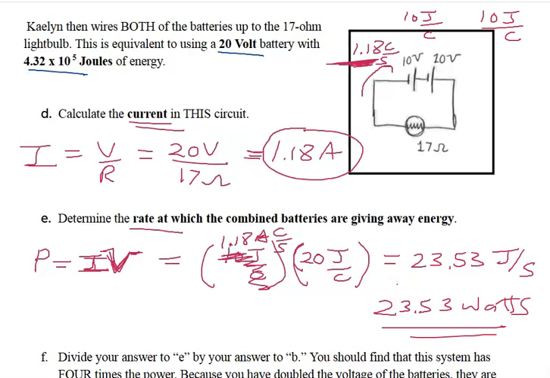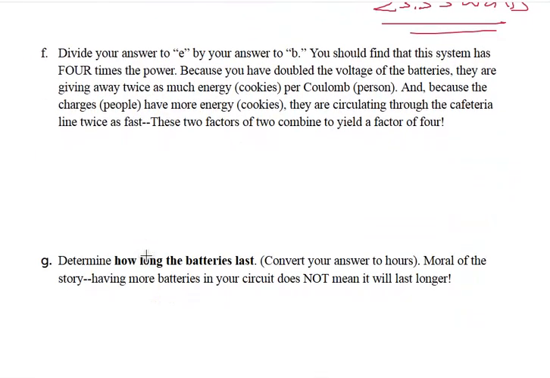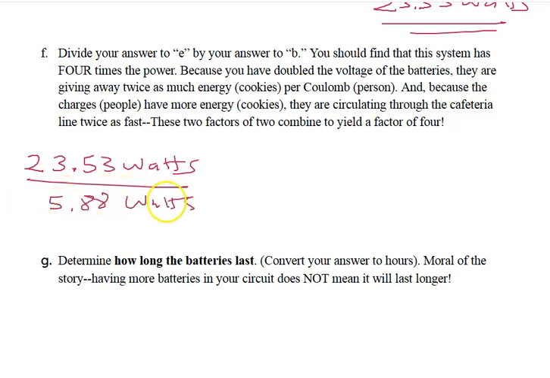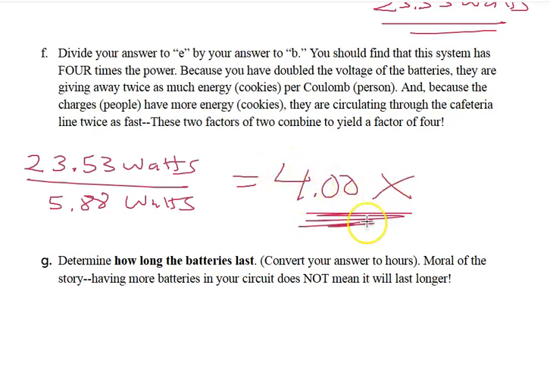Okay, so now comes the interesting, cool, deep thinking aha moment. We're going to divide the power in circuit number 2 by the power in circuit number 1, and we get 4 times.